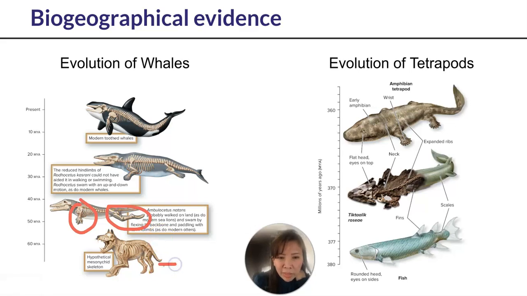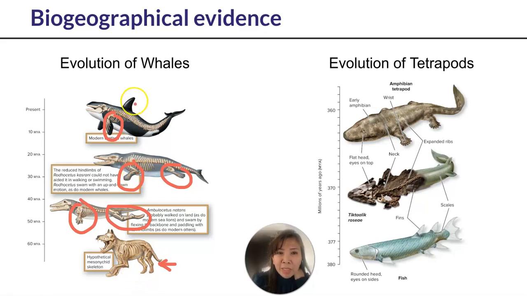So we start off right here, and over time, as these organisms adapt from walking on land to swimming, these structures get reduced to a different structure that's better suited for the environment. So now we have these modern whales with hind limbs that perhaps originally evolved from this common ancestor right here.